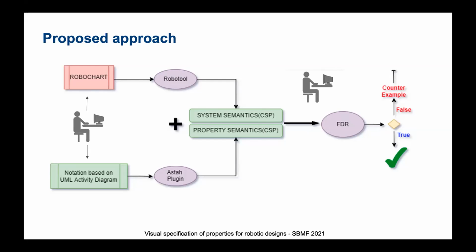And you can do this using the Astah UML plugin. What we did was implement a plugin that translates this notation to CSP also, and you can use FDR to analyze if the property holds or not.